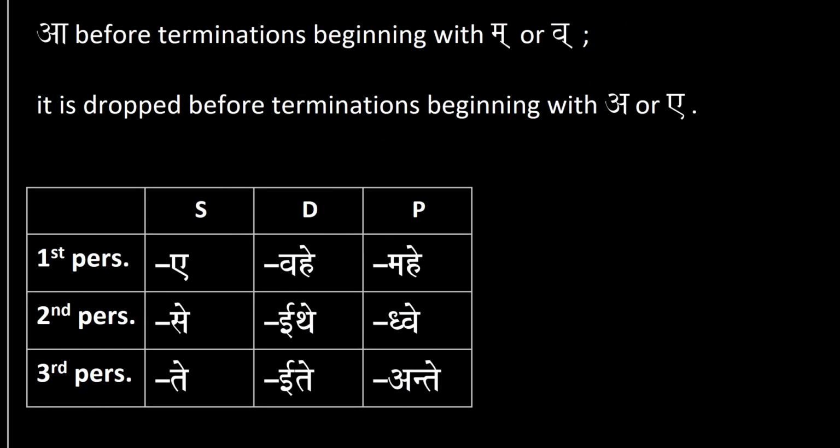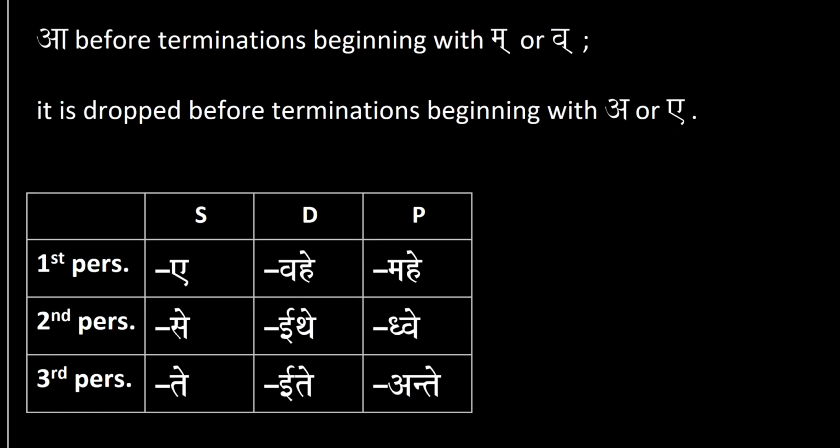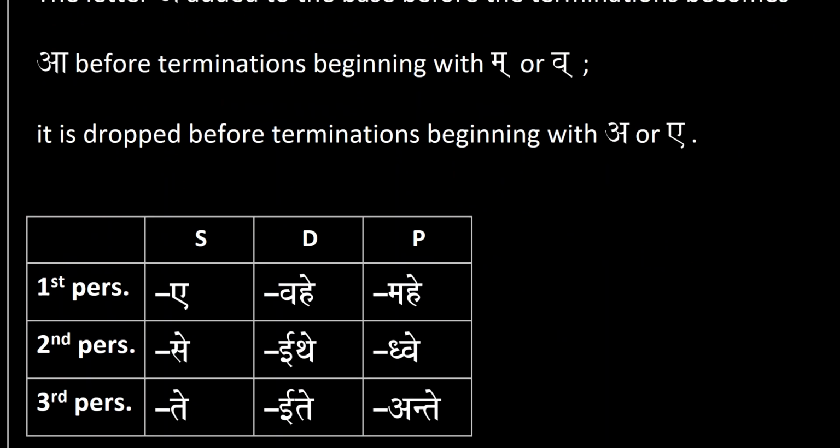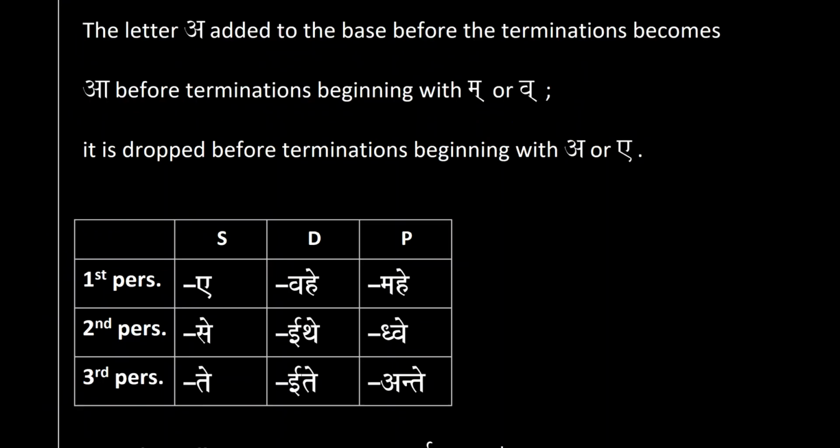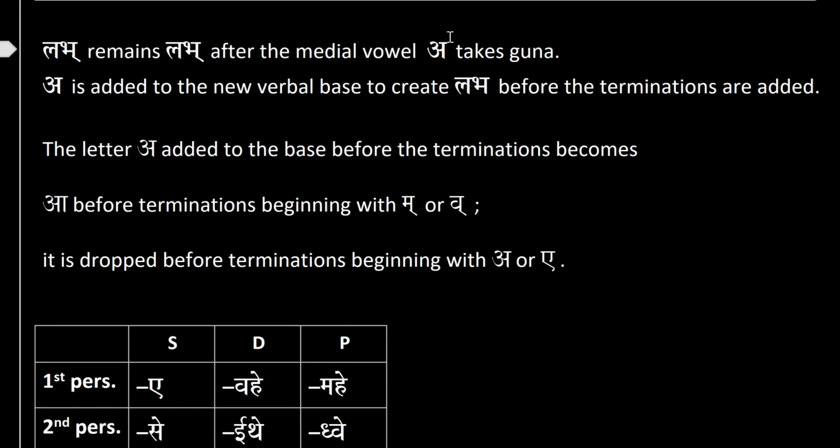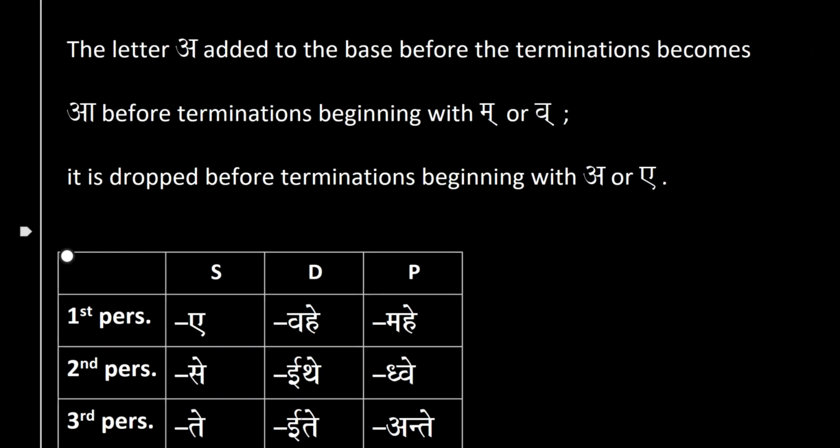So let's add our new verbal base to this table, which is the terminations for the middle voice. So I'm going to copy labha because this is our new verbal base after adding the a, right? And we're going to follow this rule. So it says the letter a is added to the base. It becomes ā before terminations beginning with ma or va.